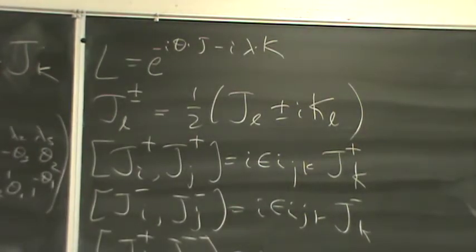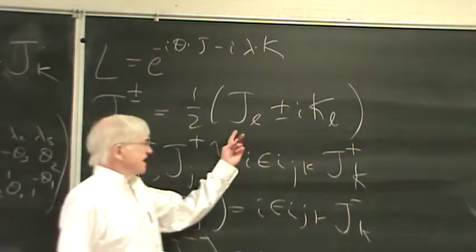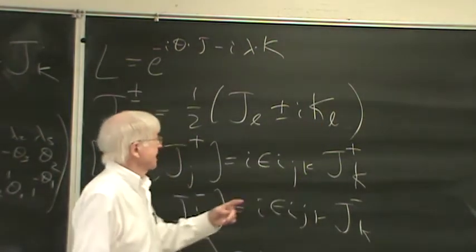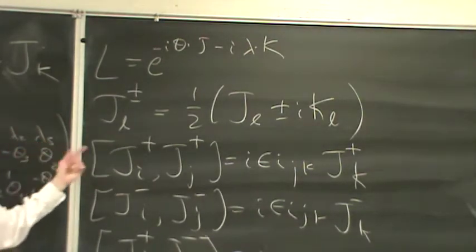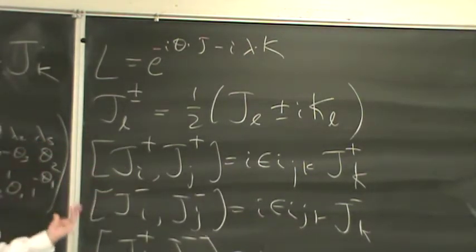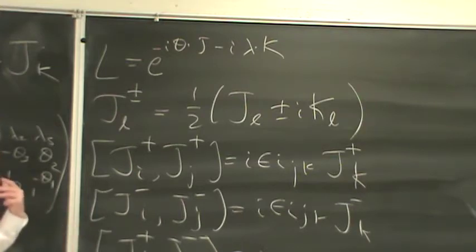So in other words, if you take these complex combinations of the rotation generators and the boost generators, you get 2 sets of new generators that have commutation relations that are independent and each satisfy the angular momentum commutation relations.